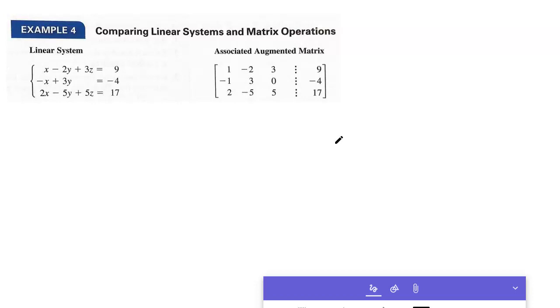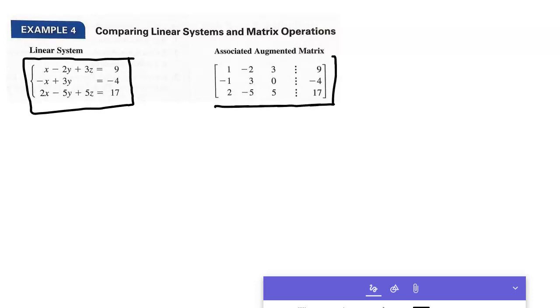In this case, notice we basically just take the variables out and we create a matrix out of this. This is a 3 by 4 matrix. And we put these 3 dots here just to hold the equal sign.